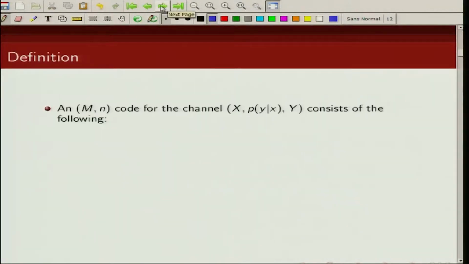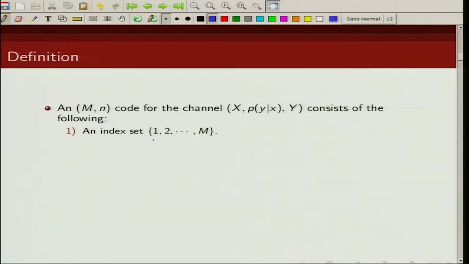I'll first define a few terms before I go into the noisy channel coding theorem. We define a code by these parameters M and n. I'll explain these terms in a little while. A discrete memoryless channel is described by this input X, output Y, and channel transition probabilities which are given by p(y|x).